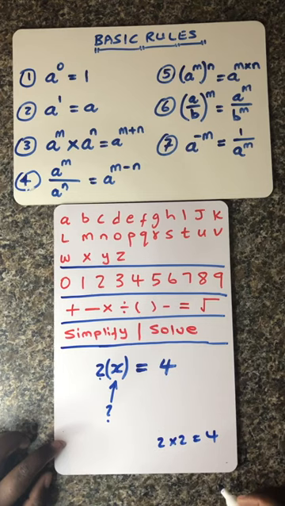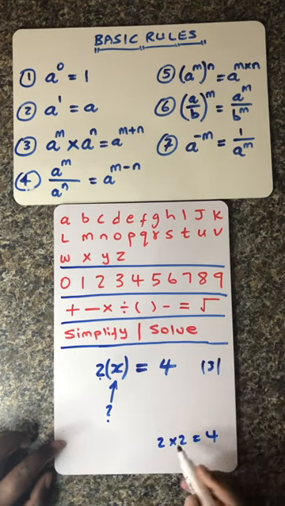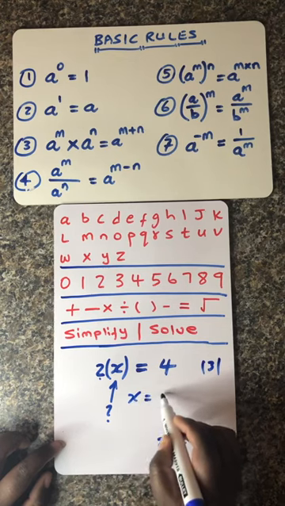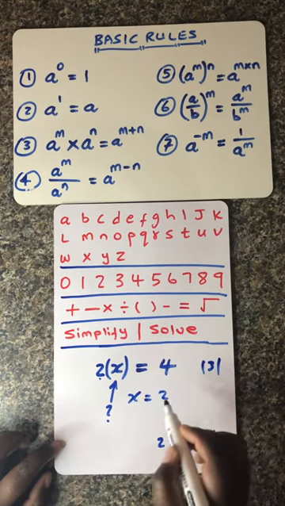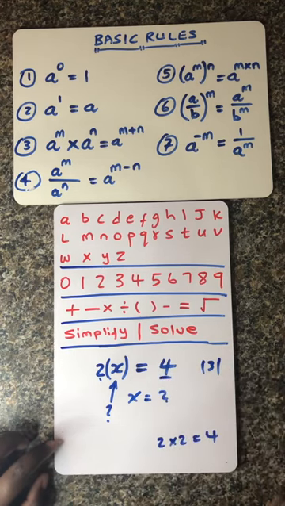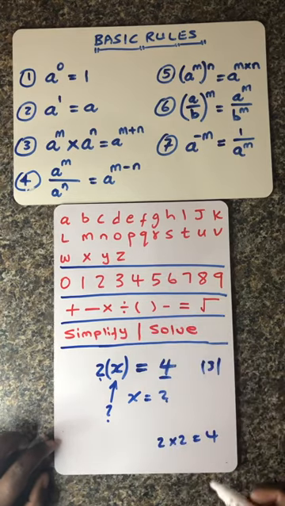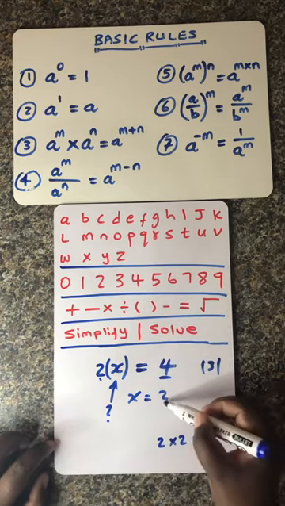But because you might find that this question is allocated 3 marks, you won't just say x is equals to 2, because you just know that when you multiply 2 by 2, it gives you 4. You have to use mathematical rules to show all the steps. You need to use those basic rules to show how you got that 2.